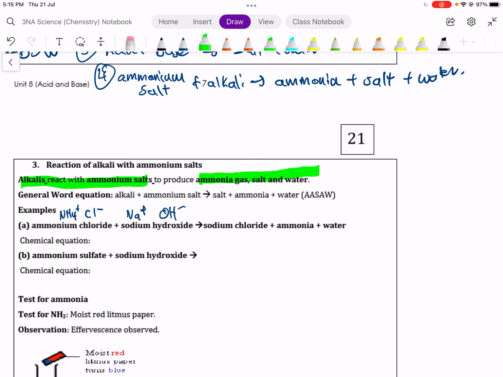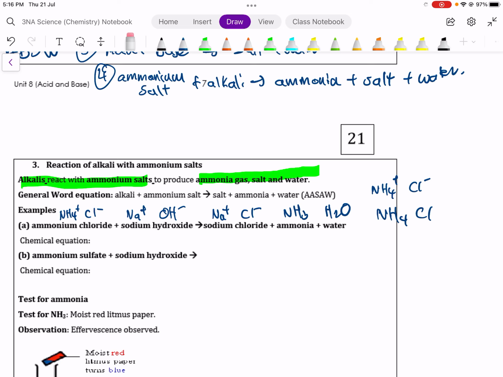Okay, so for an example, let me do one. You have ammonium chloride, NH4+ and Cl-. So copy down NH4Cl, the minus comes here, the 2 comes here. Wait, both are plus 1, sorry.